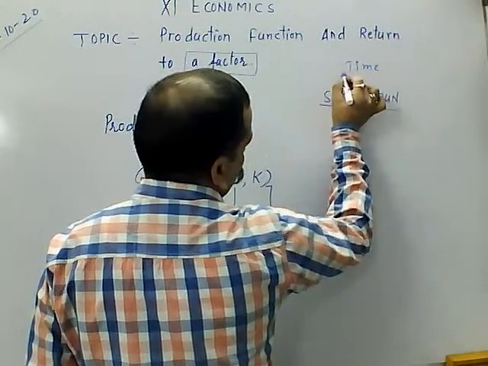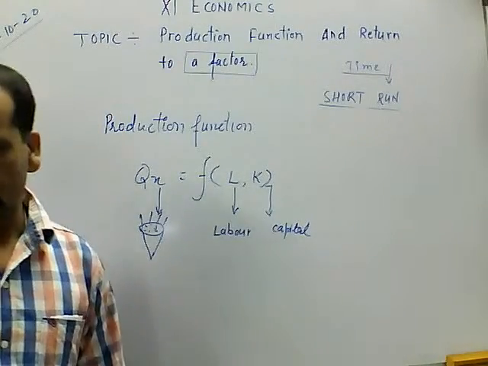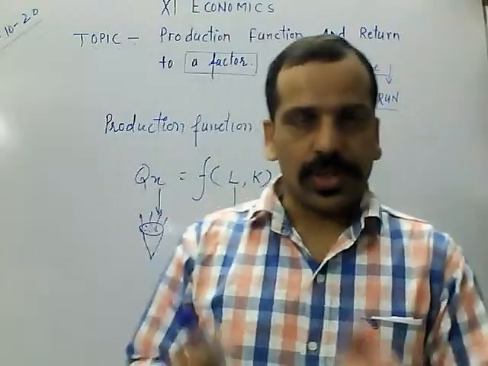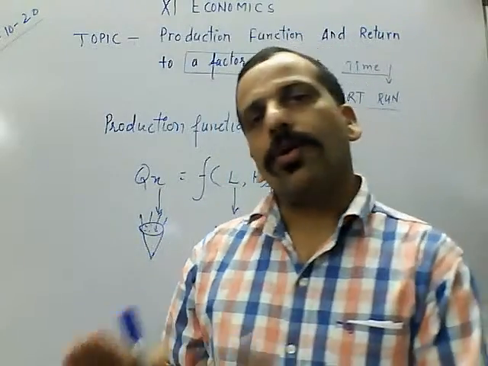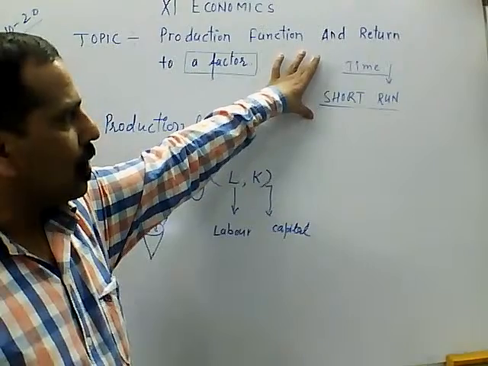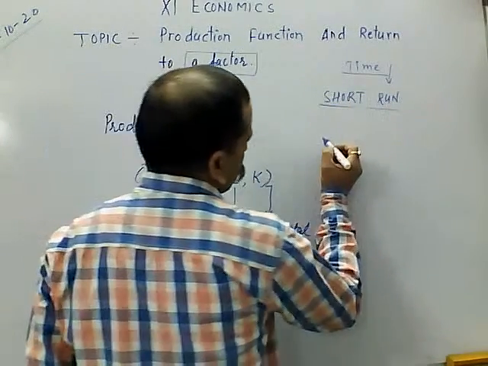I'm talking about the time. So time, short run. There's a long run also. So production function in the short run, production function in the long run. But long run.